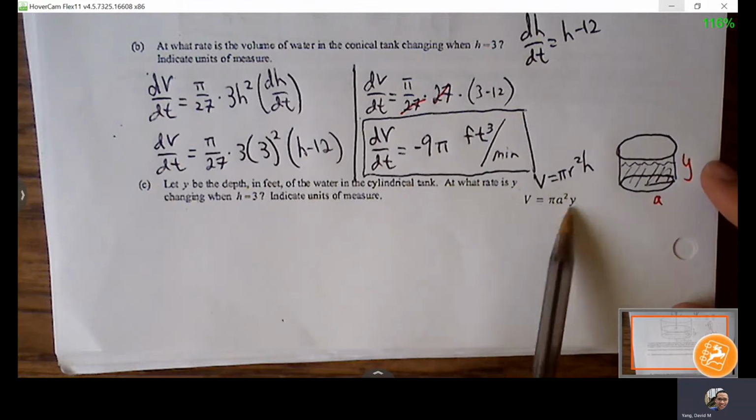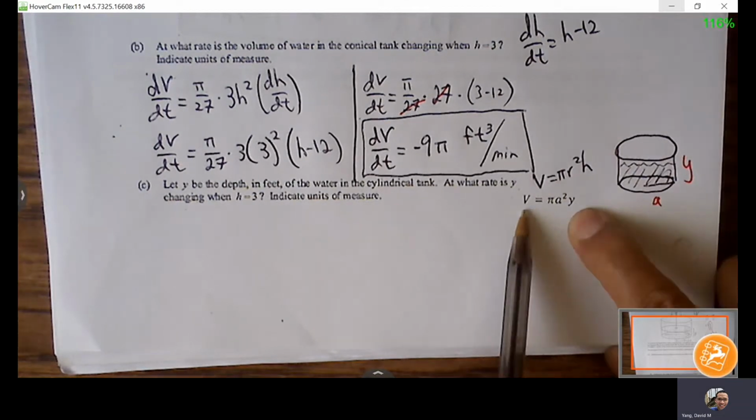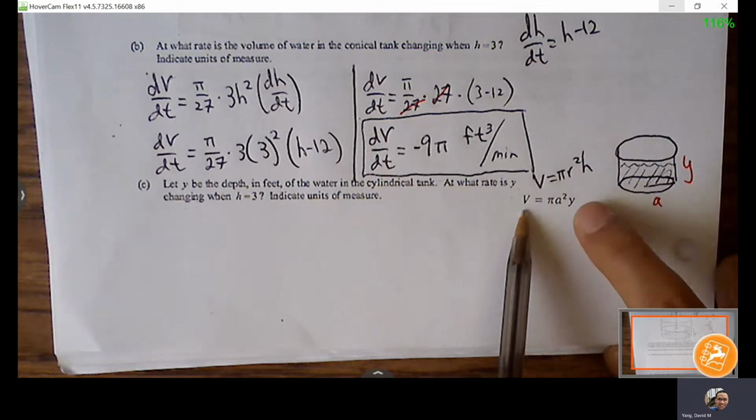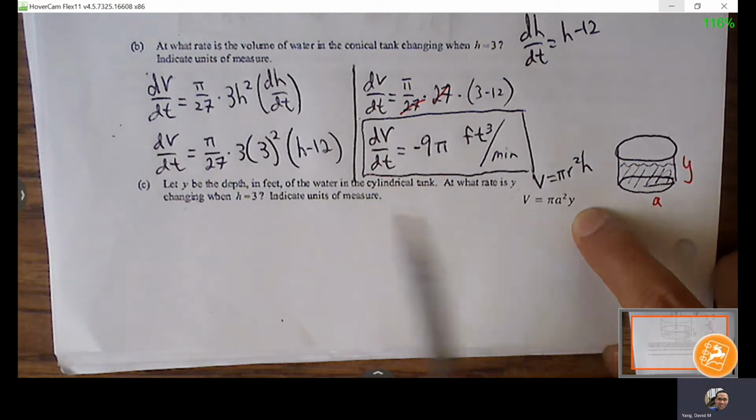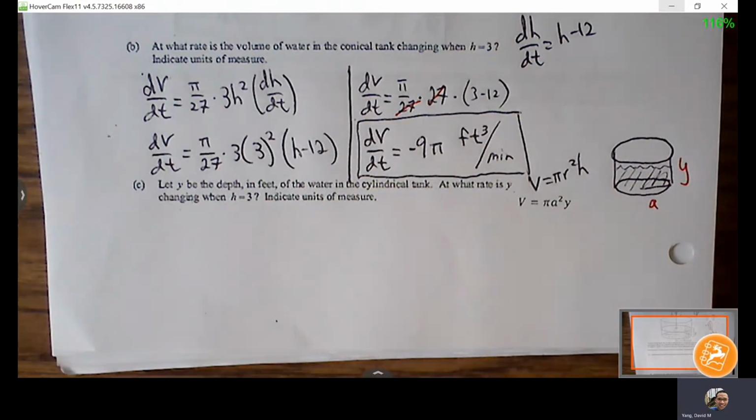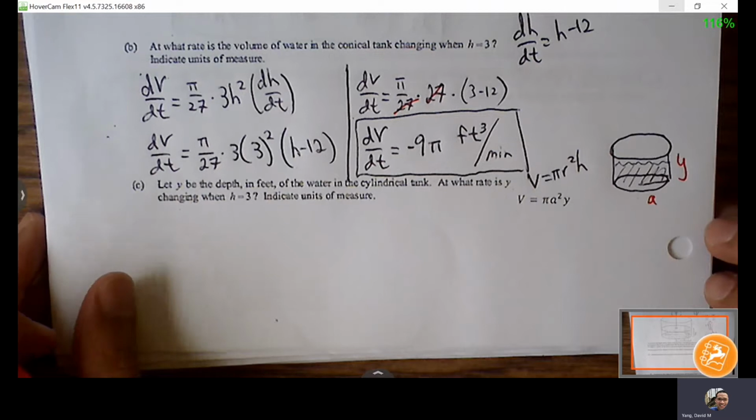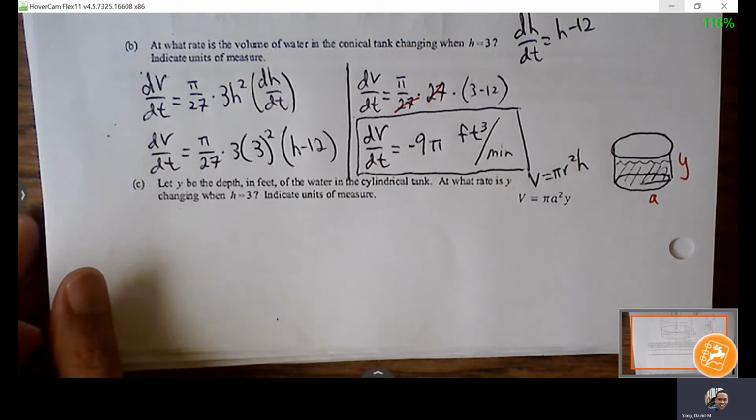All right. Is there any information that they provide for us about this cylinder tank? Another hidden information from the problem. What do you guys see? Okay. Anything else? Oh, y equals what?